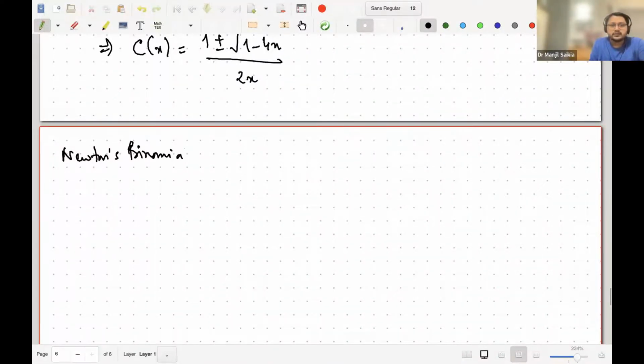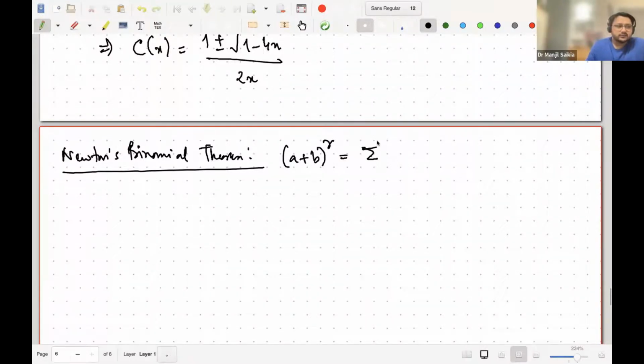Earlier, our binomial theorem was only valid when n was a natural number. But Newton's binomial theorem is actually valid for all real numbers. What this means is that (a plus b) to the power r is equal to the sum from 0 to infinity of r choose k times a to the power r minus k times b to the power k, where now r is a real number.